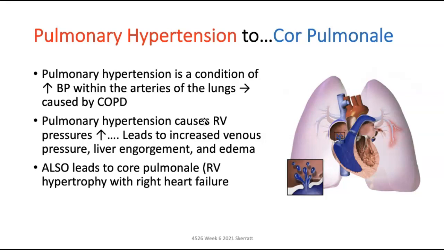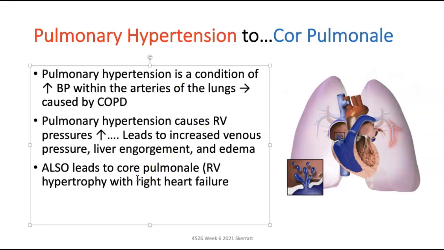So you have an increase in venous pressure, which leads to distended neck veins, and everything gets backflowed up through the right ventricle, through the right atrium, and into the right side of the body. So you have increased jugular venous distention, liver engorgement, and peripheral edema. It can lead to ascites, weight gain, and it also leads to cor pulmonale. Sorry, that's supposed to be just one E here. It also leads to cor pulmonale, which is right ventricular hypertrophy with right heart failure.